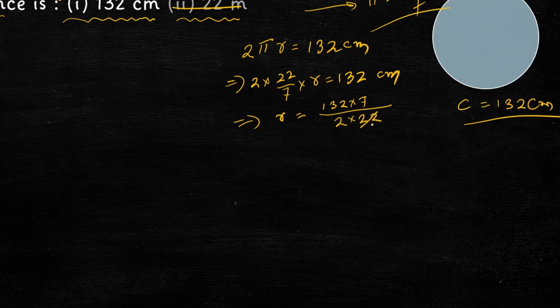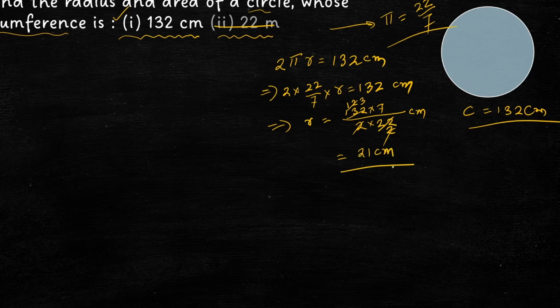So 11 2s are 22, 11 1s are 11 and 11 2s are 22. So 2 to 4 and this is equal to 3. This is centimeter and this is equal to 21 centimeter. So the radius of the circle is 21 centimeter, but we have to find the area of the circle.